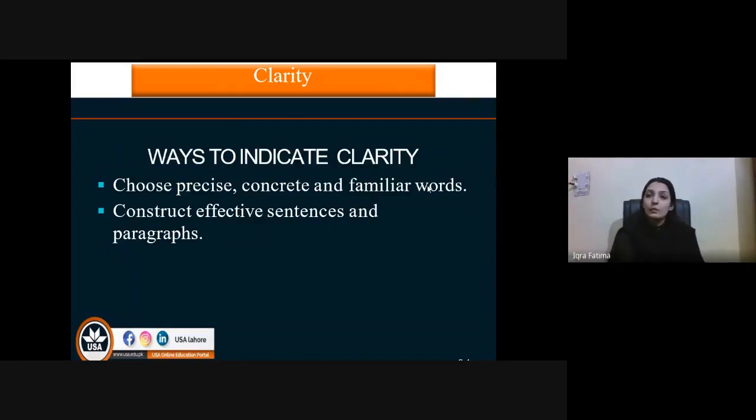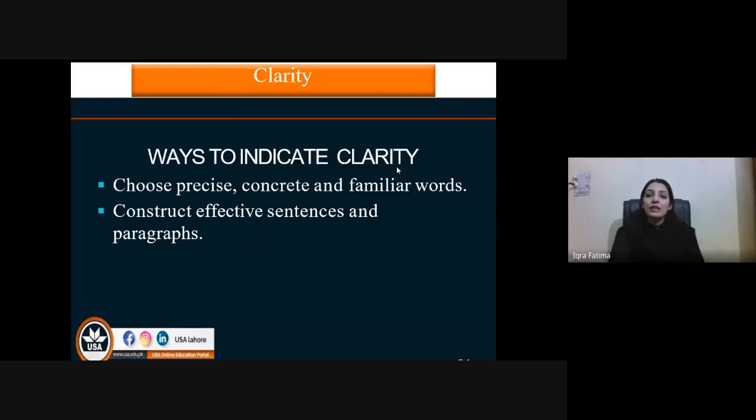Familiar words are words the audience knows the meaning of. It means don't use difficult vocabulary with your audience when you know that they can't understand whatever you are saying.